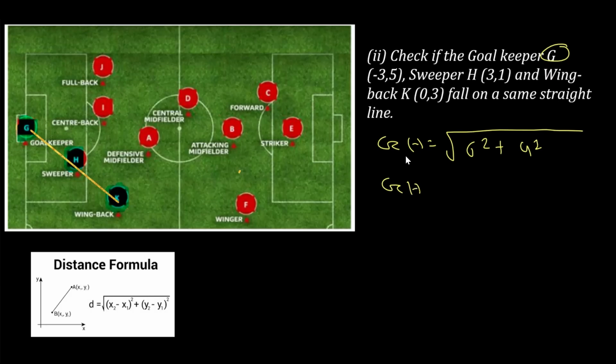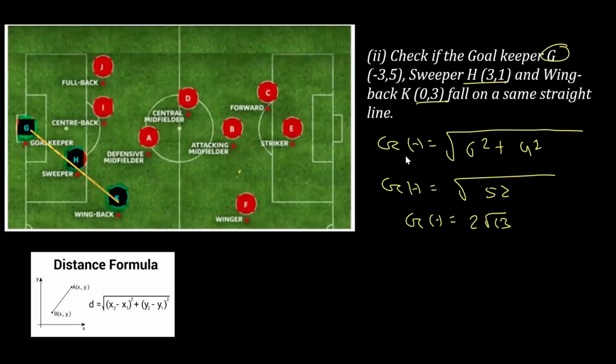So that comes out to be under root 36 plus 16, which is 52. I can simplify and write GH as 4 into 13, so 4 will come outside the under root as 2, and GH is 2 root 13.